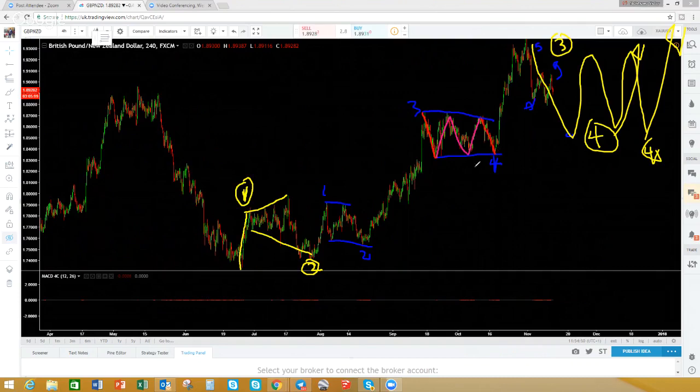I like these ones because you get a nice A, B, C. See, 1, 2, 3 waves, regular flat. You would not have seen it. Some would have thought it's a triangle, which it's not. It does not comply to the rules of a triangle. I'm not going to go through why it does not comply.